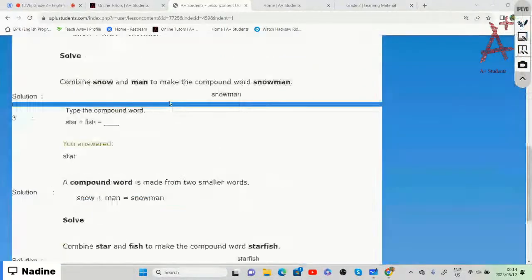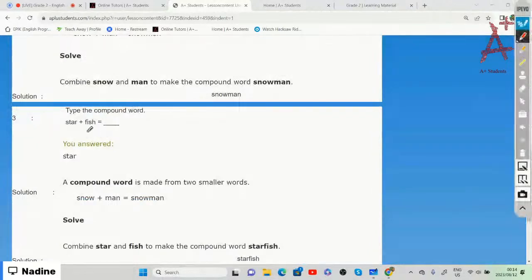And then we have star plus fish, right? So a star is like a star in the sky that we see at night, also shining with the moon, right? So star plus fish, fish in the sea.